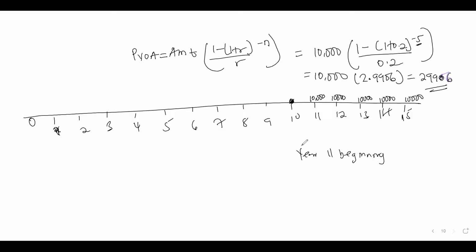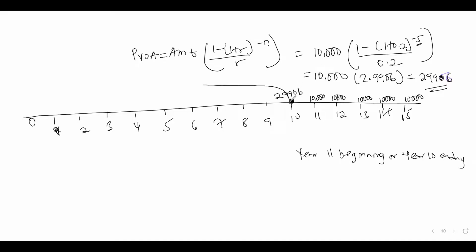But we want to know how much lump sum we must deposit now to allow the person to withdraw the money. Technically, the beginning of year 11 is like the end of year 10. So this 29906 is the present value of all these 10,000s as at year 10.